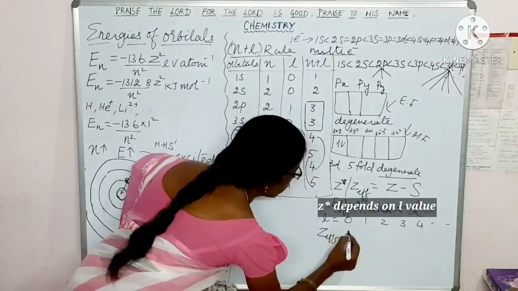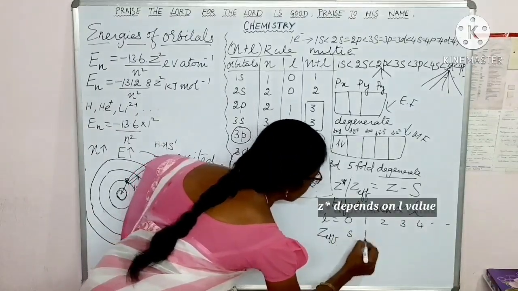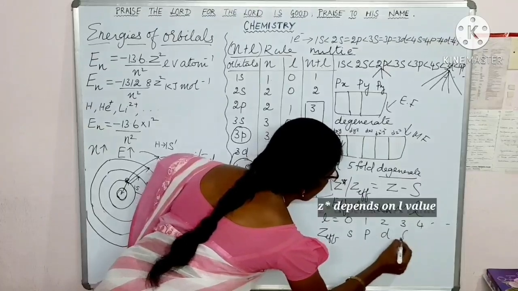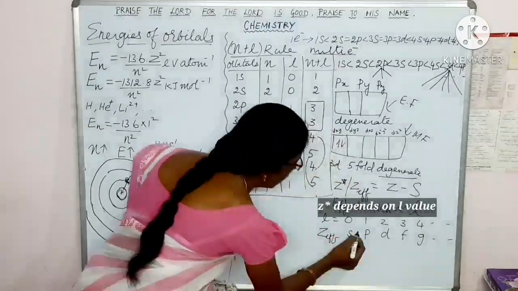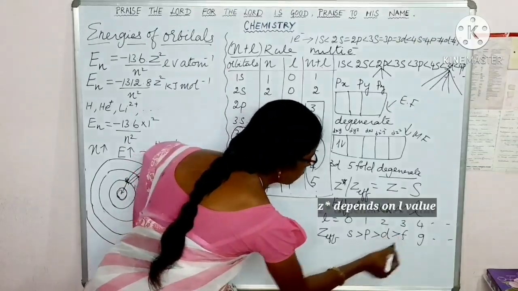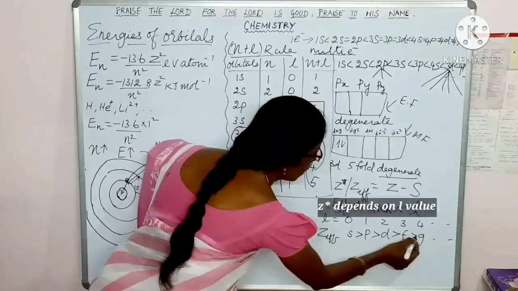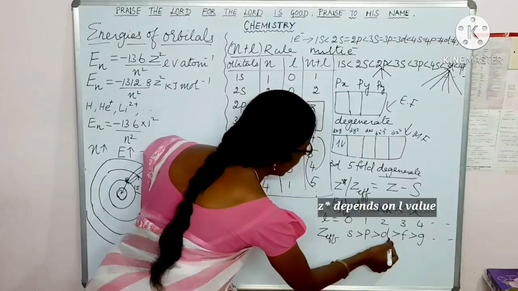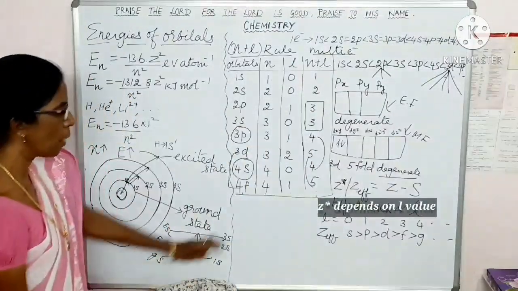When L is equal to 0, your orbital is S. Here it is P, D, F, G, etc. So S will have greater effective nuclear charge because it is closer to the nucleus, then P, then D, and so on. Have you understood?